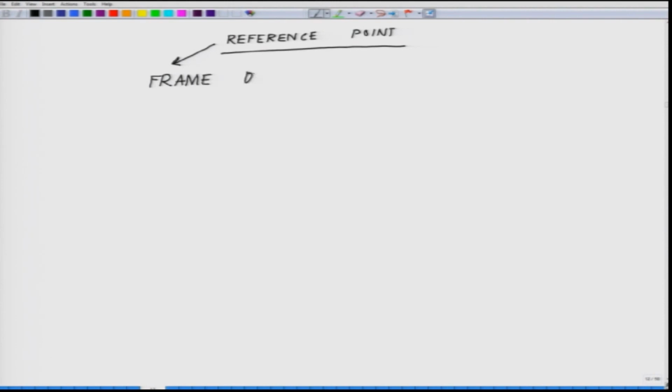Frame of reference for anatomical studies. So say for example you are standing sideways, okay?